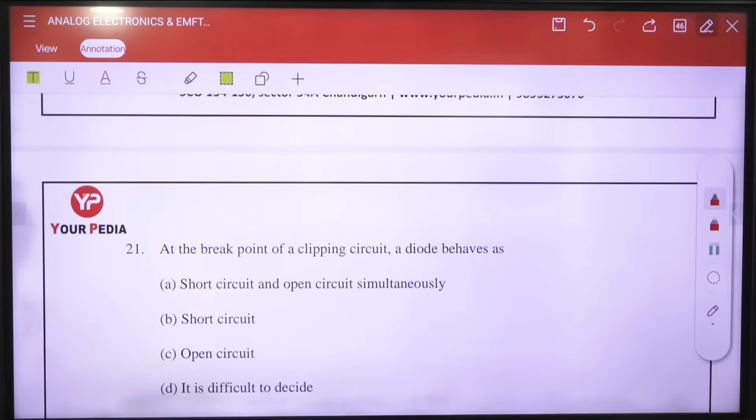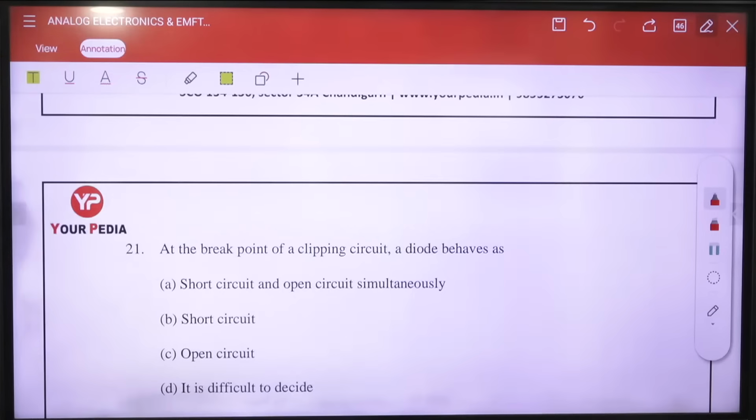At the breakpoint of a clipping circuit, the diode will behave as a... Yes.